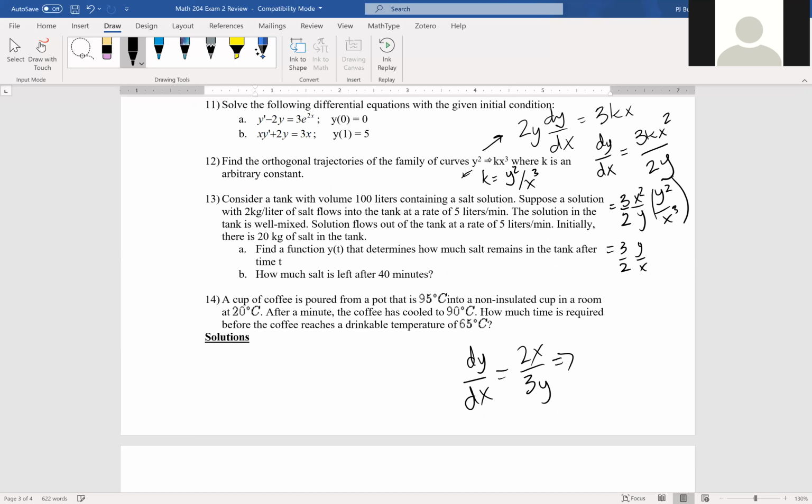So that gives me 3y dy equals 2x dx. Wouldn't that be negative if it's the opposite reciprocal? Okay. Yeah, you didn't see that there? Must have been a glitch.